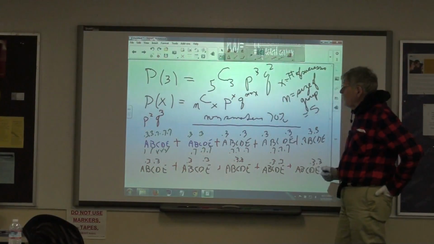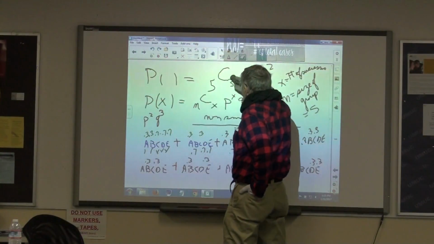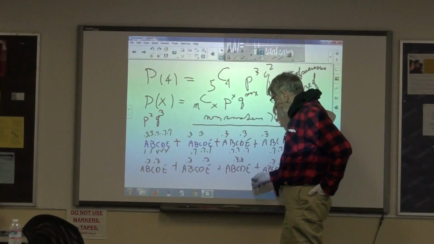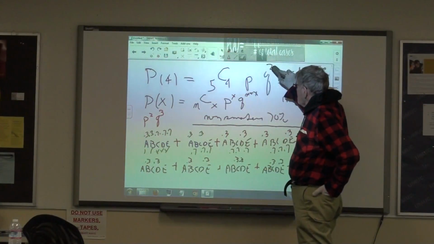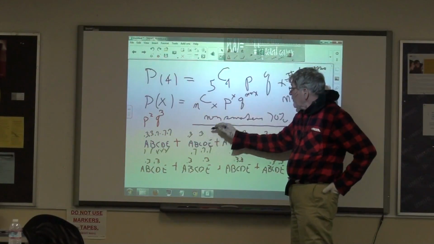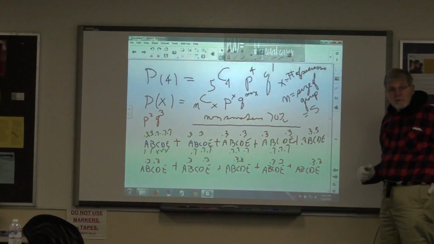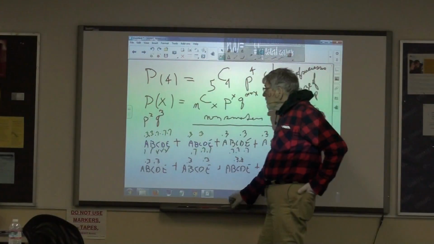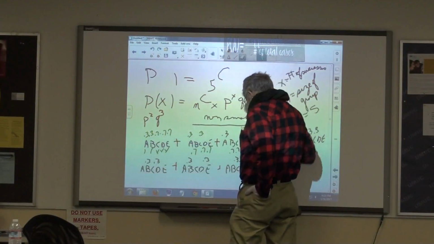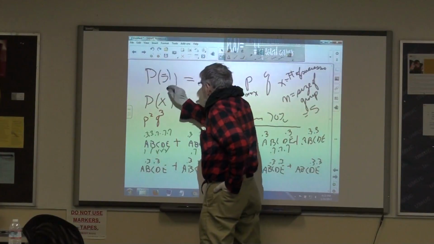And that would be P of 3. So now how would P of 4 occur? How many groups of 4 can I get from my 5? And then each one of those trials would have 0.3 to the 4th power and q to the 1 power. Now, what's the probability of getting a trial of 5 and having 5 smokers?